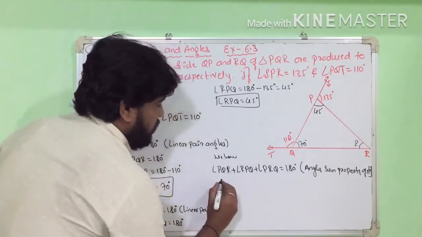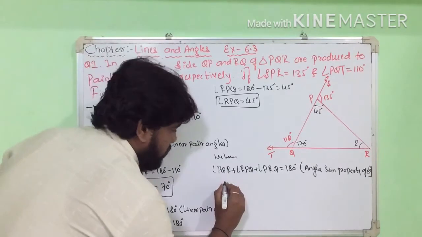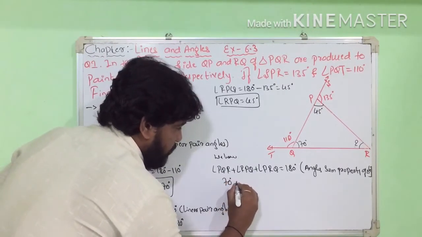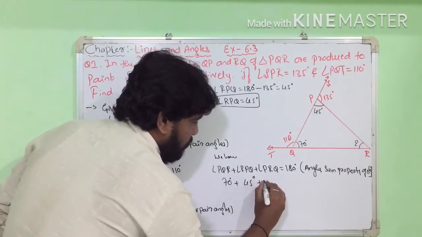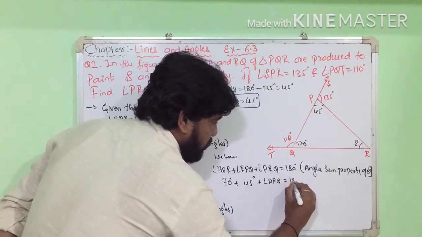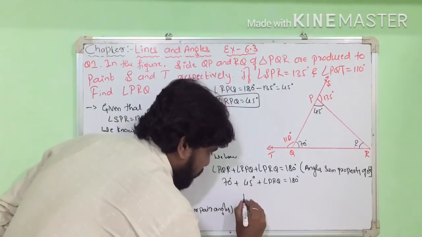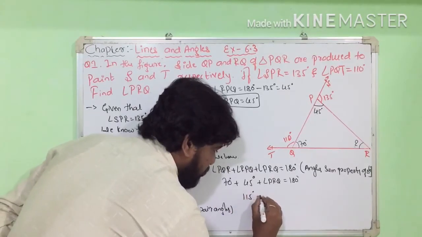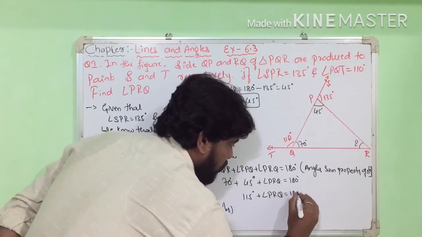These two angles we know: angle PQR is 70 degrees plus angle RPQ is 45 degrees. For angle PRQ, we want to find this one only. The sum of these two is 115, plus angle PRQ is equal to 180.